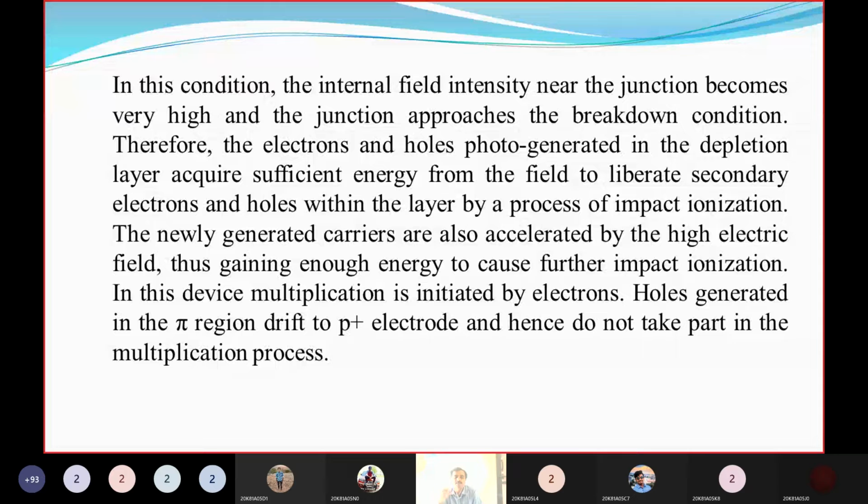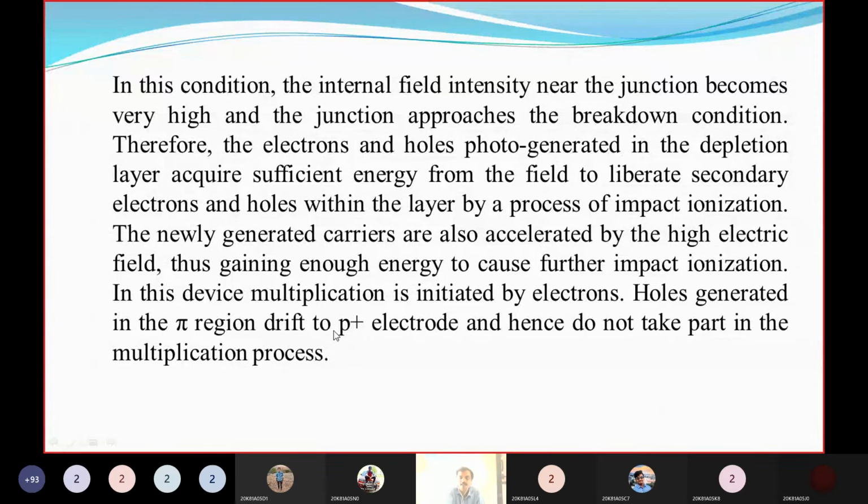That means multiplication of the electrons occurs, and mainly it is due to the electrons only. Holes generated in the pi region drift to the p plus region, and hence do not take part in the multiplication process.